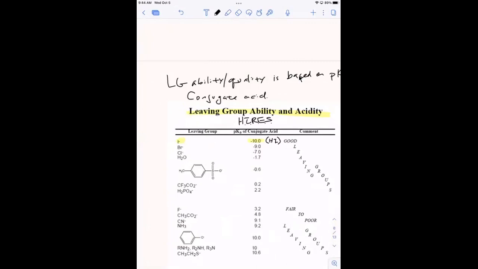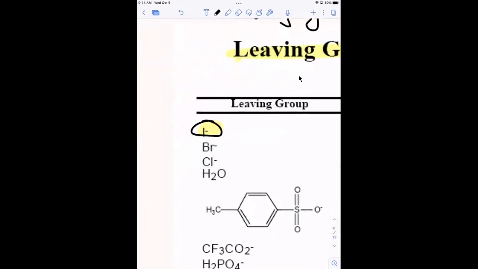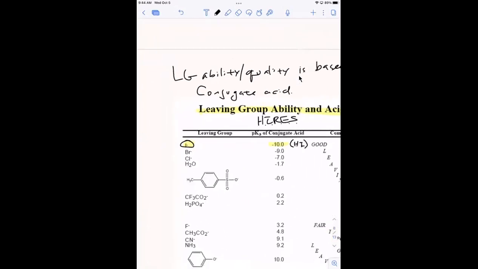Right, so iodine is obviously a very stable anion, or a very stable conjugate base, because of its size. It has a large atomic radius, and that negative charge can be spread out over a larger surface area. So that's why it's such a good leaving group.